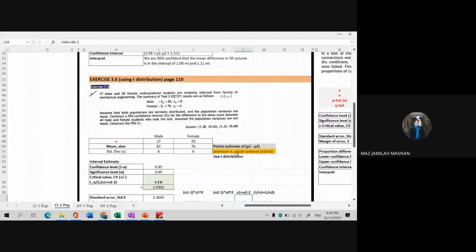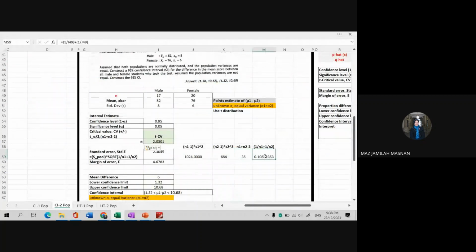I think you can check on your own. For the standard error, I use all the sub multiplication of the formula to make sure everything is correct. And if I look at the answer, it is the correct answer for the standard error.